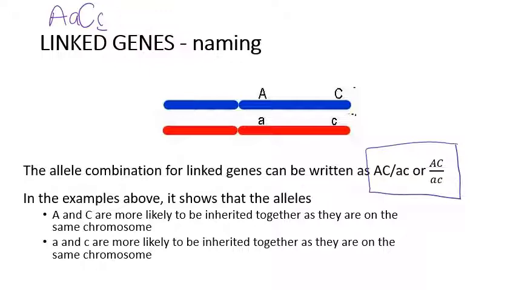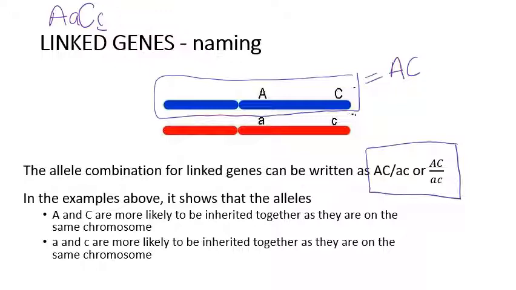So if we look at the homologous pair of chromosomes on the screen here, our first chromosome, the one in blue, has a capital A and a capital C. So we would write that combination on one side of our fraction.